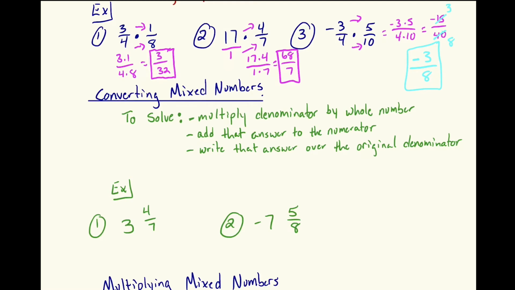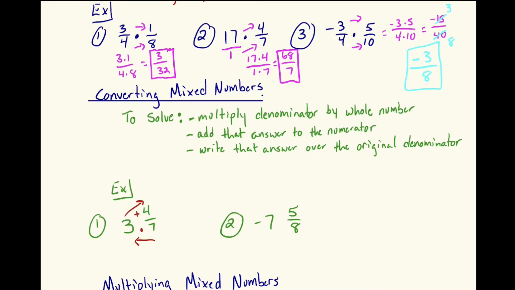To convert a mixed number to an improper fraction, which is going to be our goal, because we know how to handle improper fractions when we multiply, we take our denominator and multiply it times the whole number. Then we take that answer and add it to the numerator. So in our first example, we're going to multiply 7 times 3. We're going to take that answer and add it to 4.